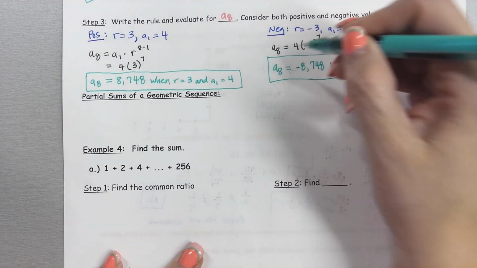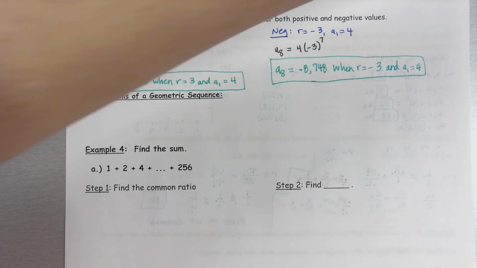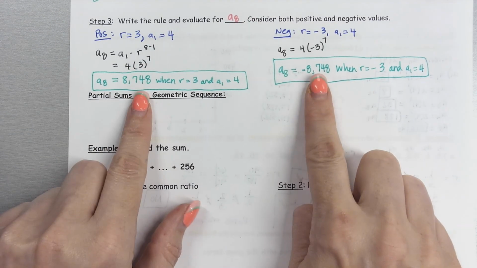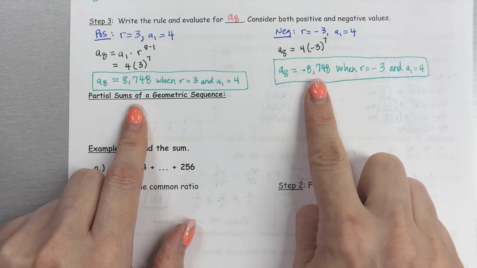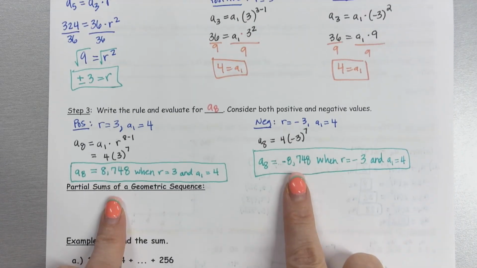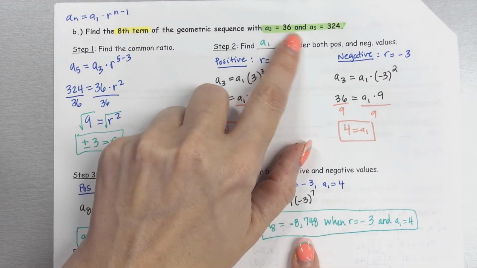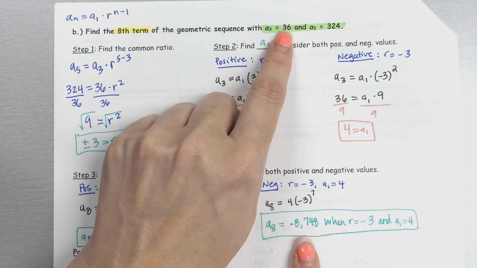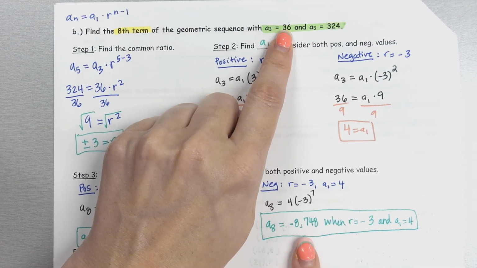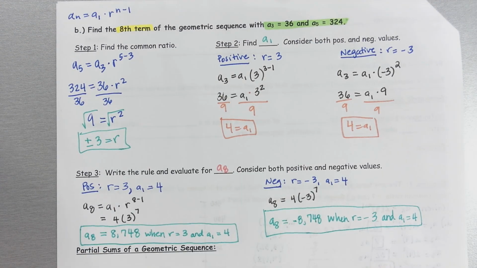Do you guys know why you have two different values for this? Why we can't decide which one it will be based on what we're given? So we're given these two values, 36 and 324. Our r is 3 or negative 3, because if you multiply by 3 twice, you get 324.